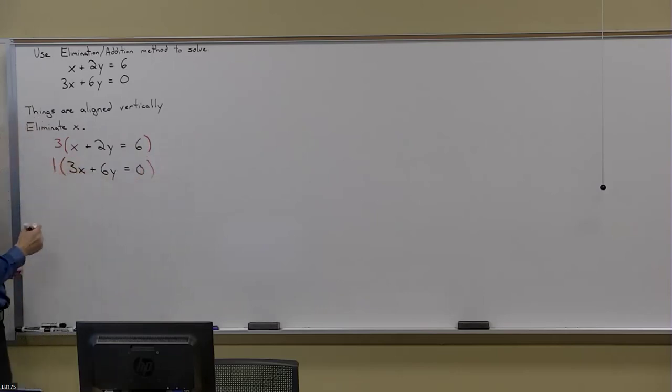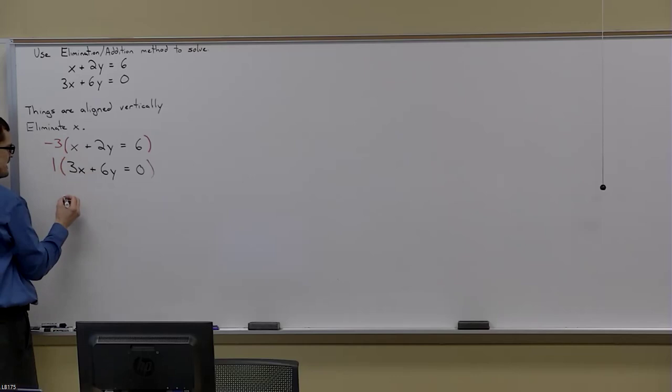So I'm going to put a 1 in front of my second equation. And then I make one of those into a negative. I think I'll use -3, because 1 times anything is itself, so when I multiply 3 by 1, that's a really easy multiplication.